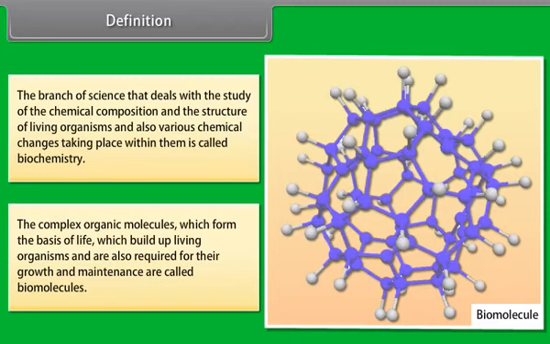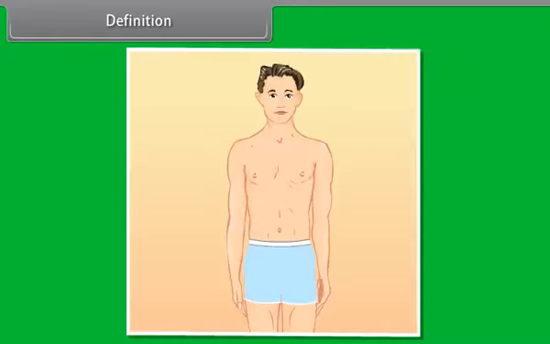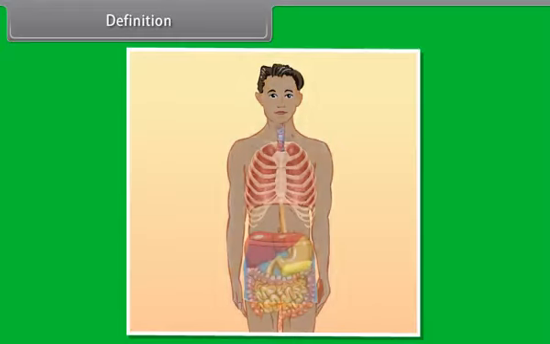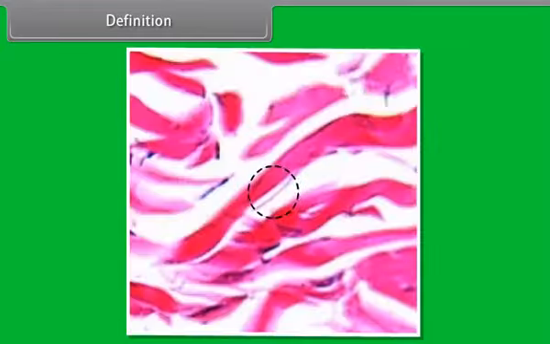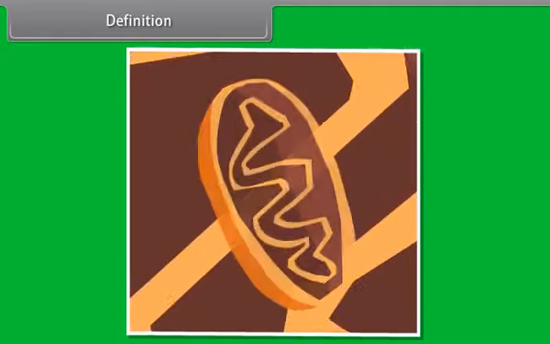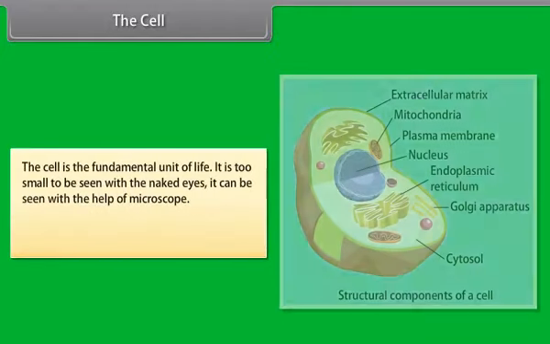The complex organic molecules, which form the basis of life, which build up living organisms and are also required for their growth and maintenance, are called biomolecules. Biomolecules are related to the living organisms in the sequence: living organism, organs, tissues, cells, organelles, and biomolecules.